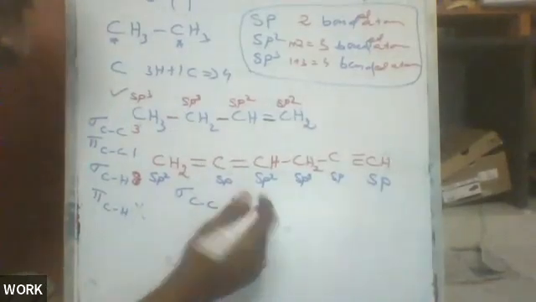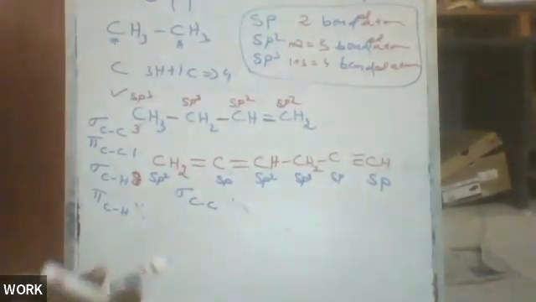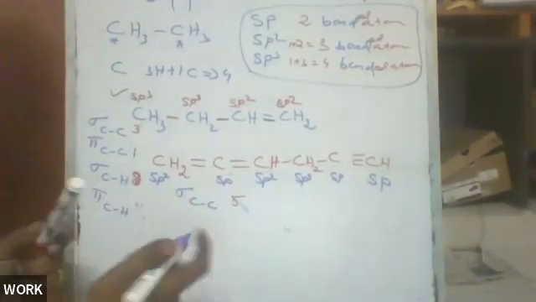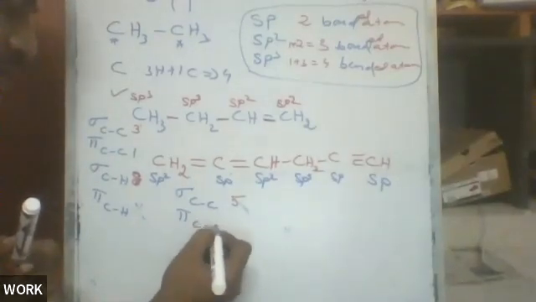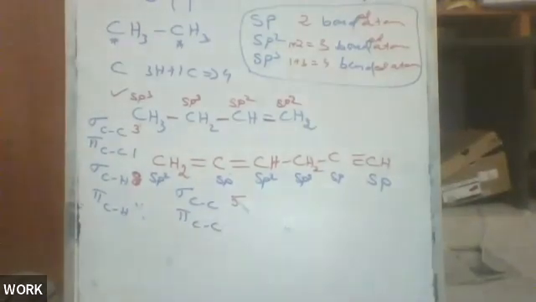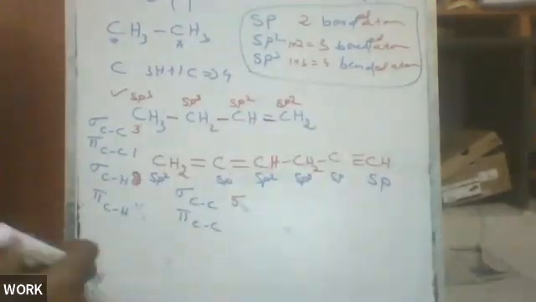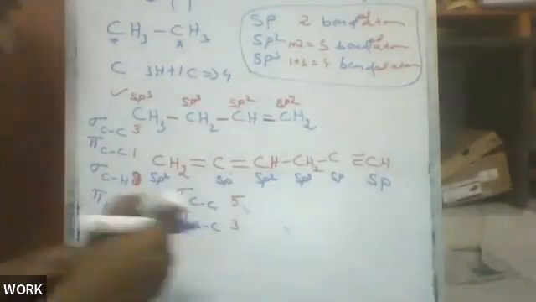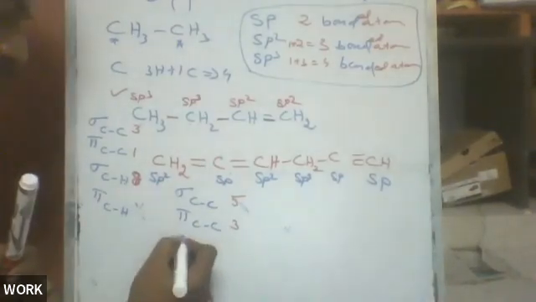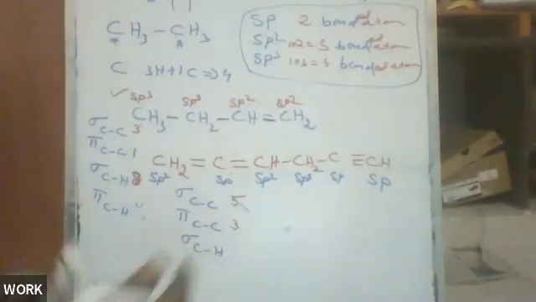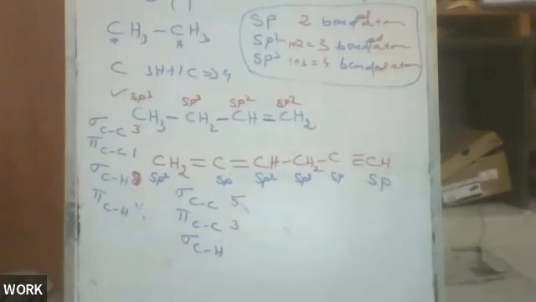So 5 carbon sigma bonds. And how many pi bonds? Carbon pi bonds, multiple bonds. 1, 2, 3. Very good. How many carbon-hydrogen sigma bonds? 7.